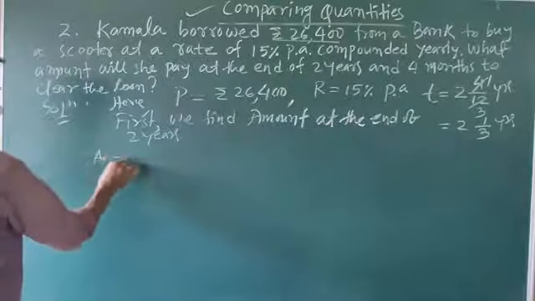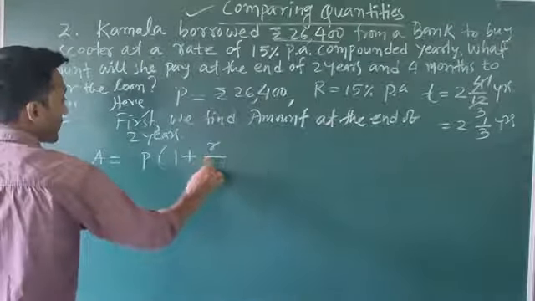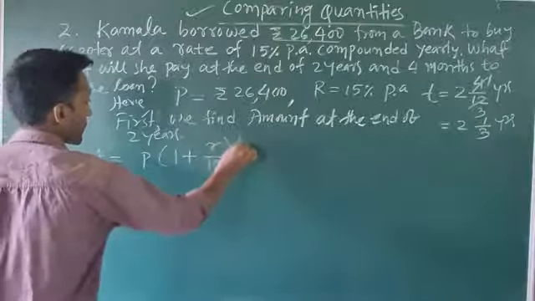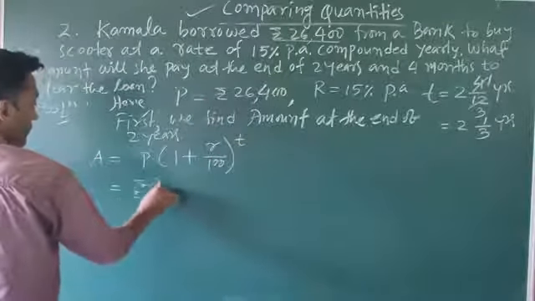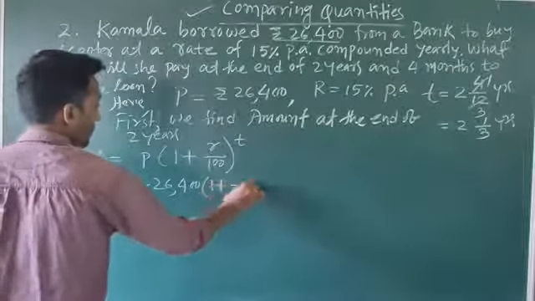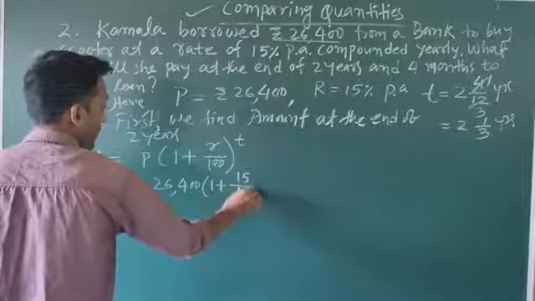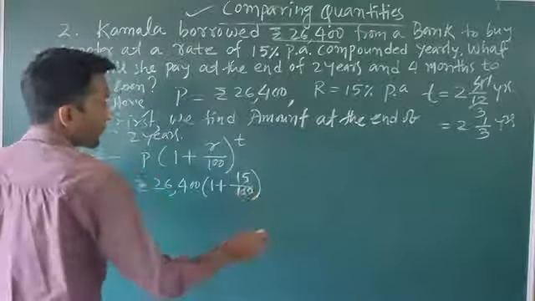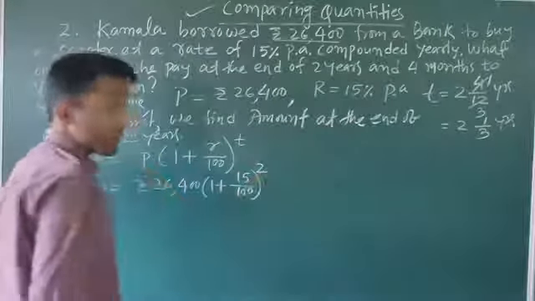So write down the formula: Amount equals principal into 1 plus rate of interest by 100, to the power time. Principal is rupees 26,400, 1 plus rate of interest is 15 by 100, to the power time. So first we take 2 years as the time.